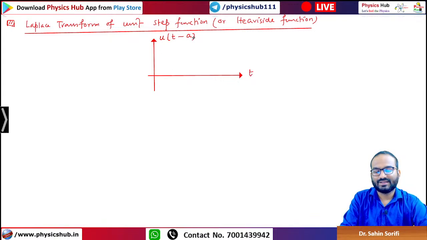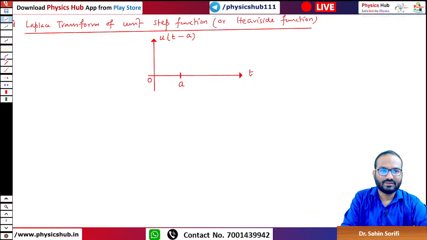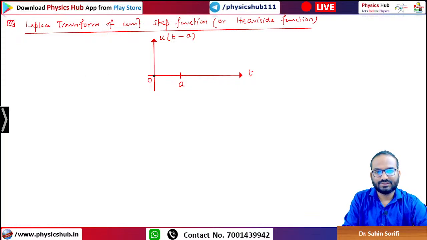U(t minus a) means when t is equal to a. Before t equals a, the value of the function will be 0, and as you cross t equals a, the value is 1, and it will go up to infinity.